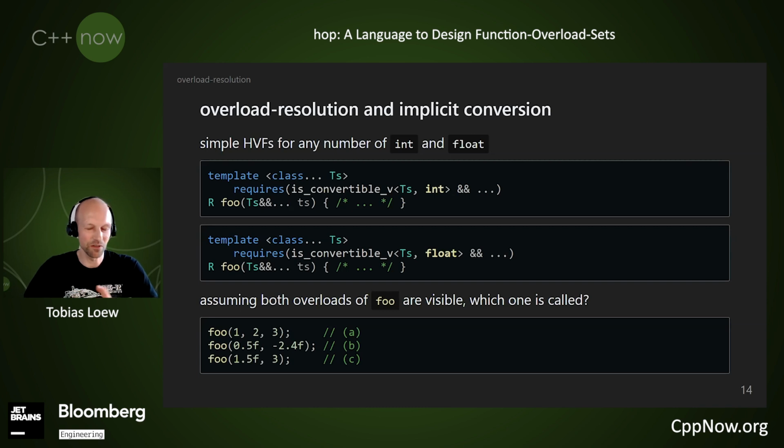I just left out the condition for more than 0. And we have a second overload for foo, which takes a bunch of floats. So let's assume both of those overloads are visible to the compiler. And let's ask ourselves, which one gets called by these 3 calls to foo?